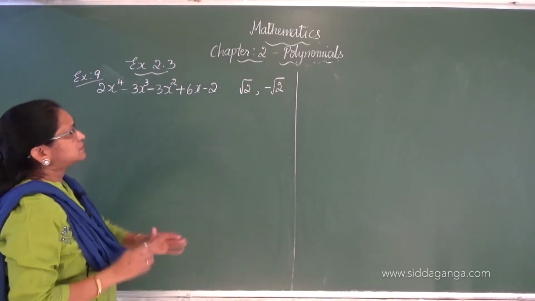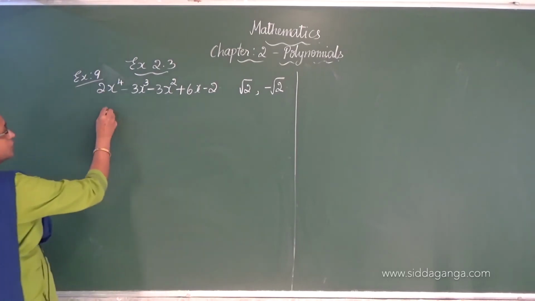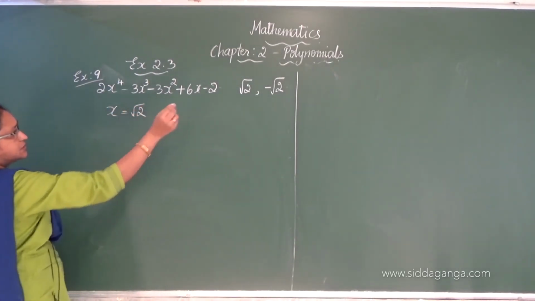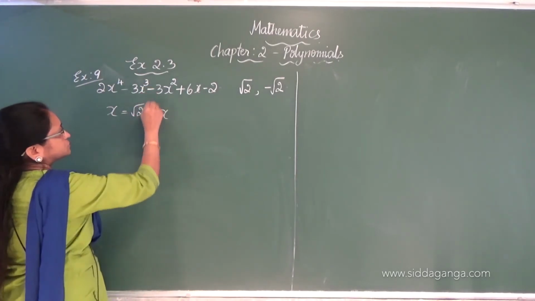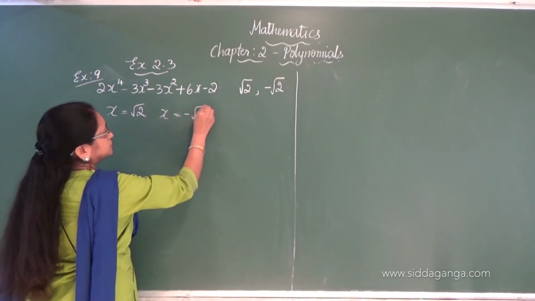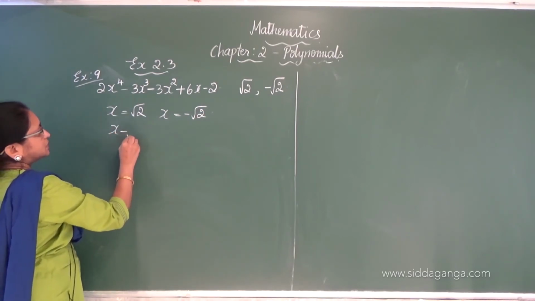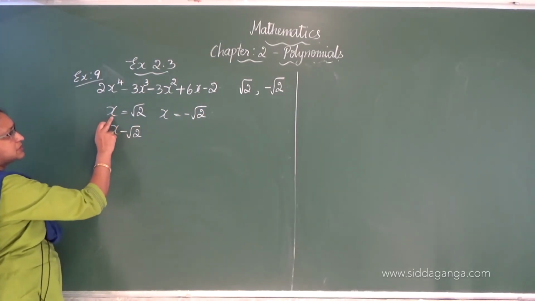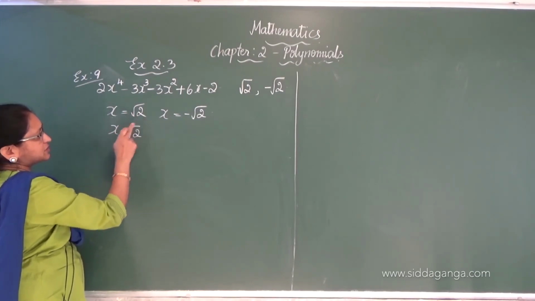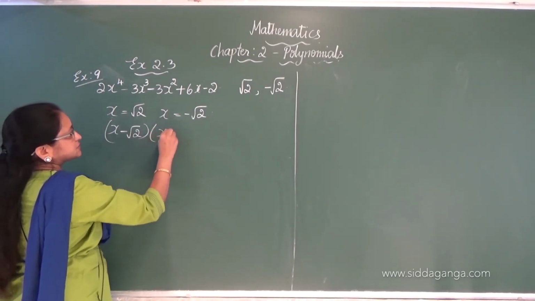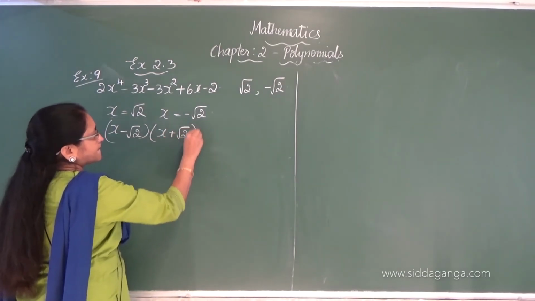Now, for that, the first step: you all know x is equal to root 2, means these are the zeros of this polynomial, root 2 is there. Now, see here, minus root 2 means x minus root 2, when we transpose it will become like this, and x plus root 2.